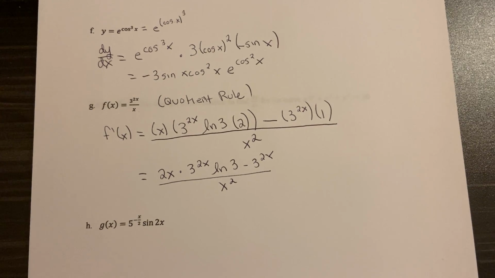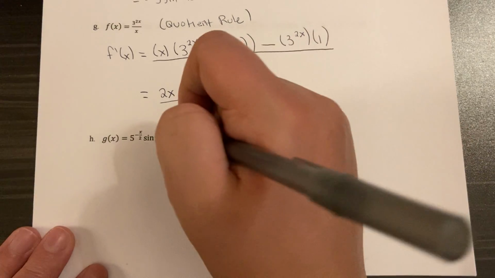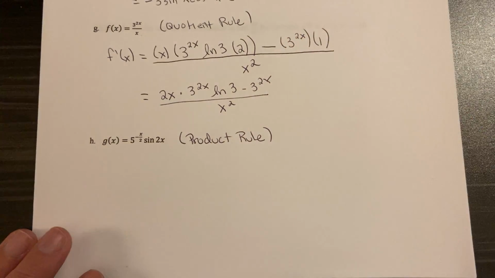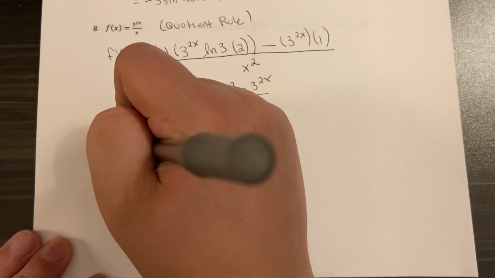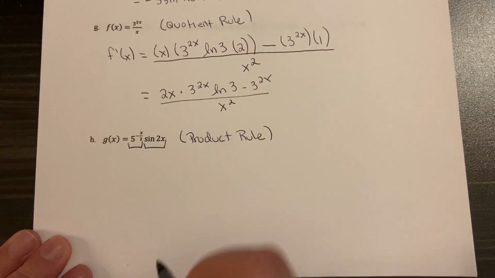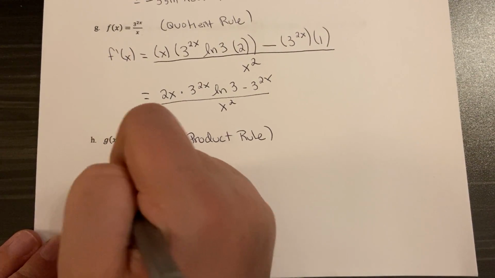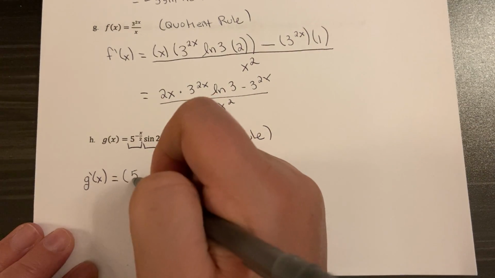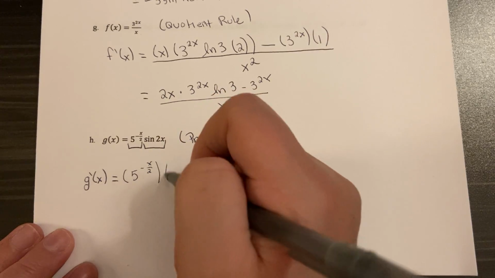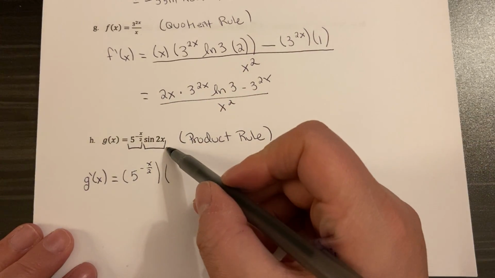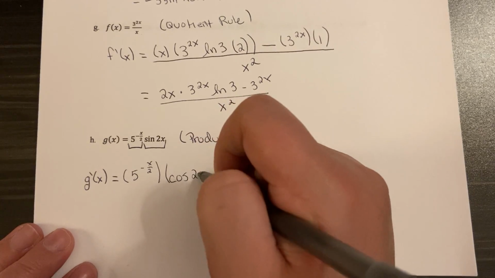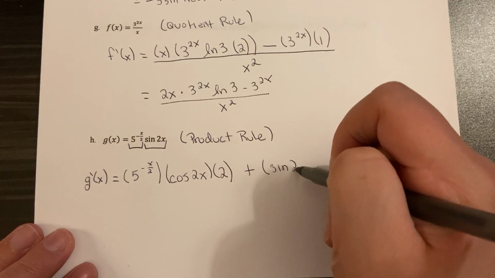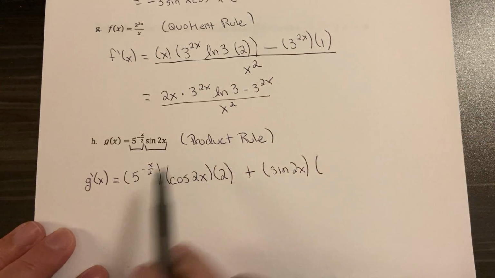There we go. Okay, so then for H, this is product rule. And again, how you know is here's one function being multiplied by another. So the derivative is going to be the first function as is times the derivative of sine of 2x, which is cosine of 2x times 2, plus sine of 2x times the derivative of this.